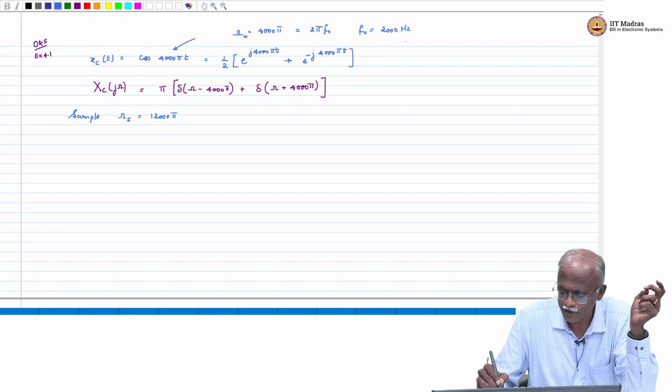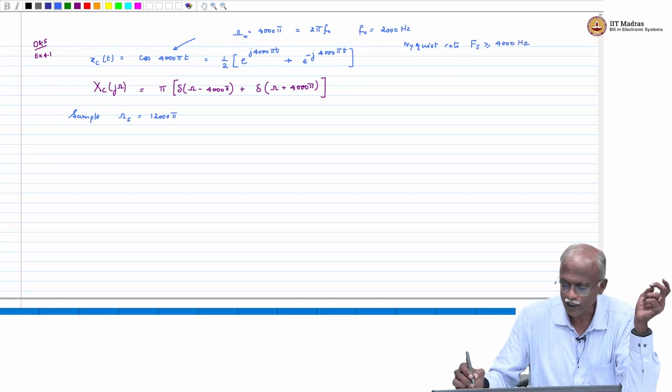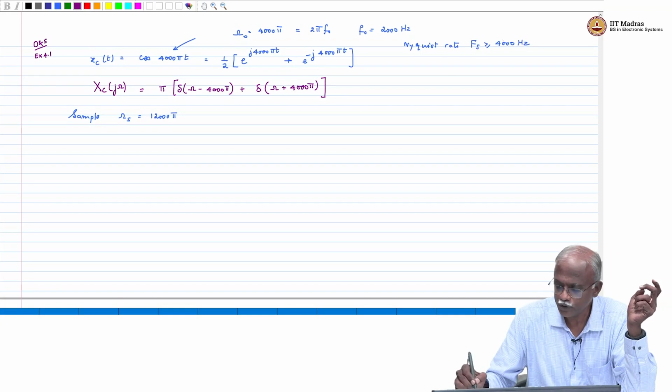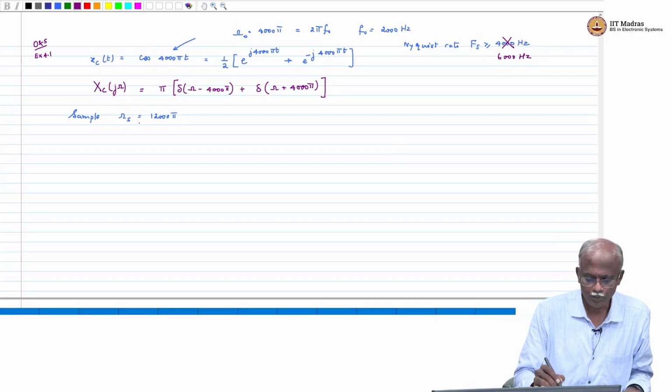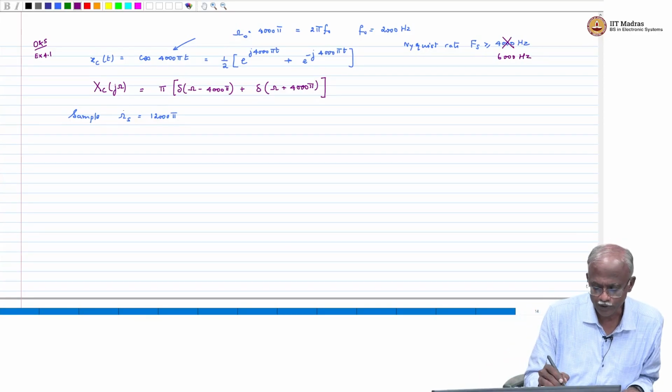So the Nyquist rate Fs should be greater than or equal to 4 kilohertz. We are told that we are using a sampling rate of 6 kilohertz. Okay, so then correspondingly omega s will come out to be 12,000 pi.